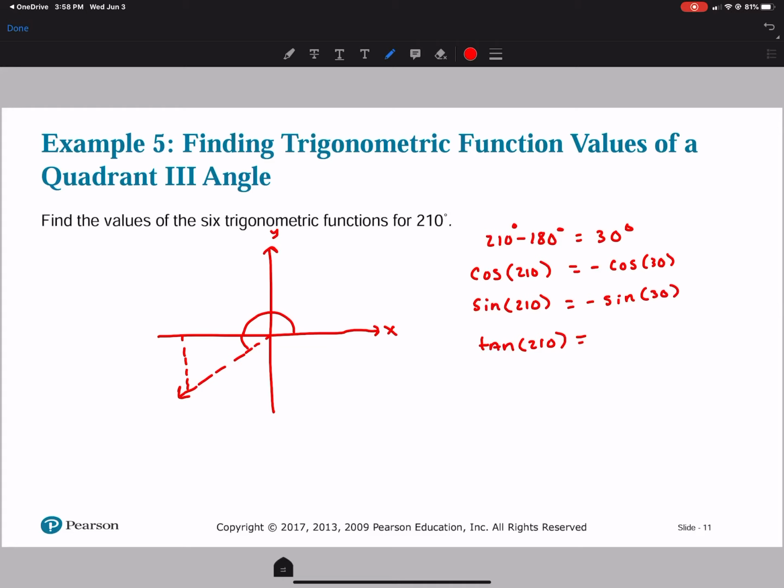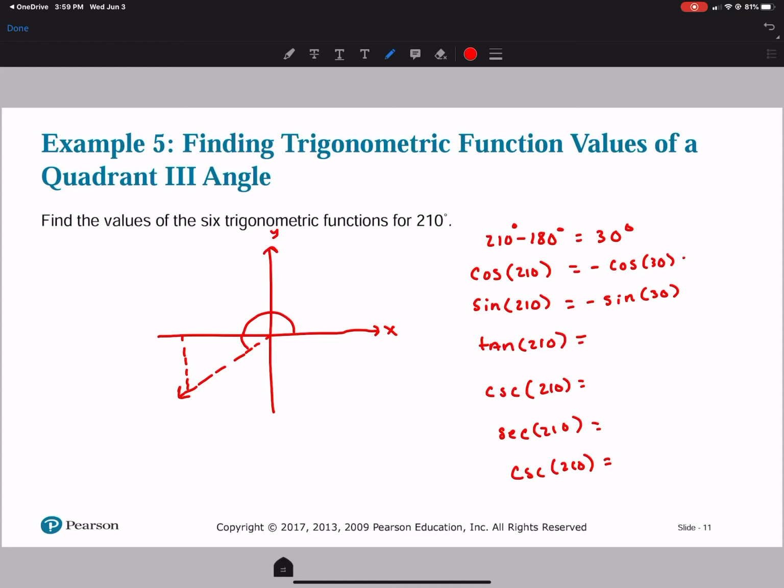All right. So then we got cosecant of 210, secant of 210, then we have cotangent of 210. Now, if you remember in your previous slides, we talked about what the sine, cosine, and tangent were of this.